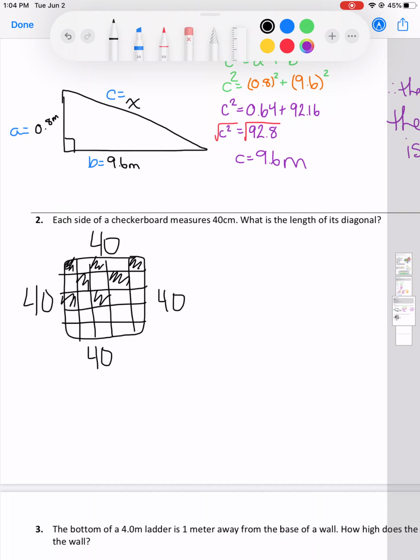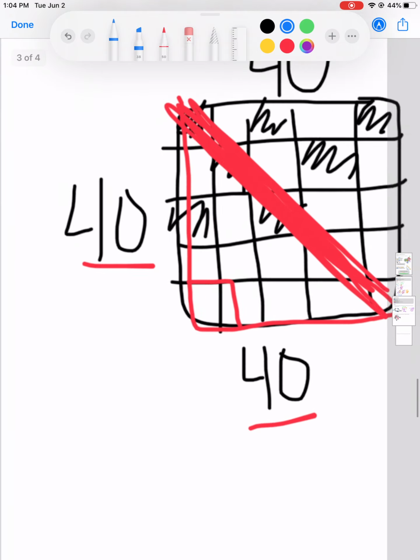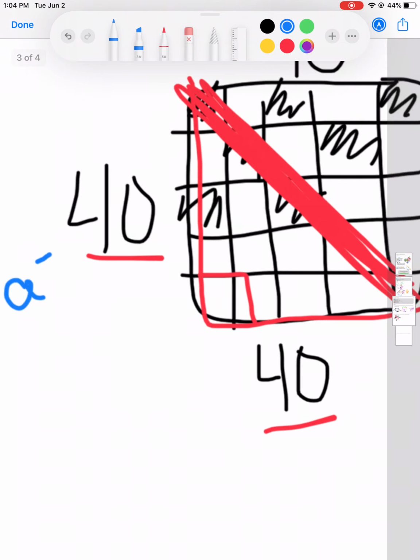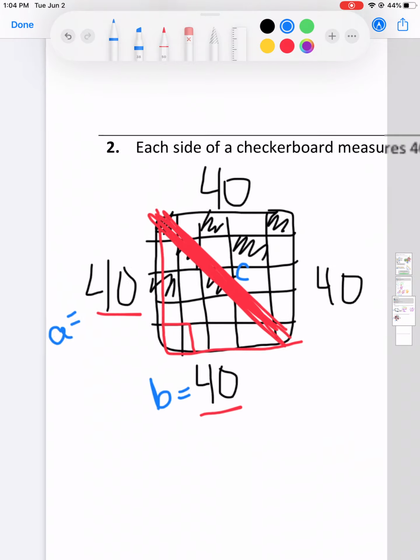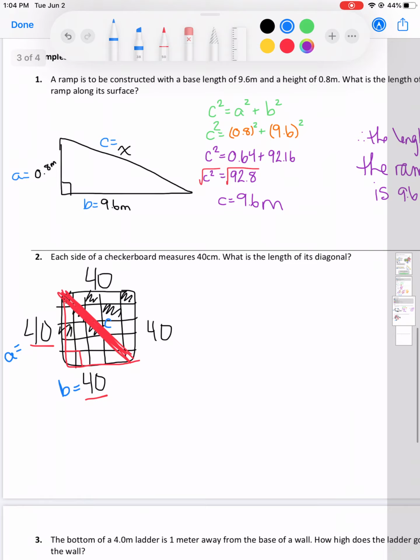Well, you're just like, how on earth do I solve for this? Well, it's the diagonal that you want, right? So it's like this. We want this guy here. So we're going to use this number and this number. This will be my A, this will be my B, and this will be my C. Easy as pie.